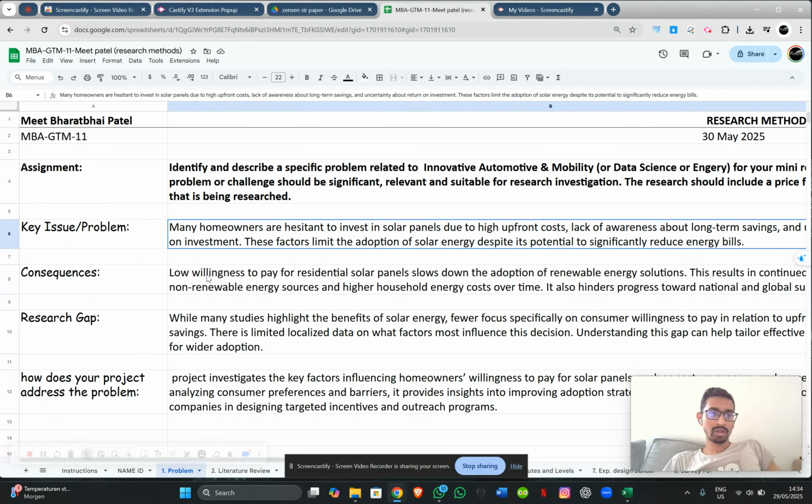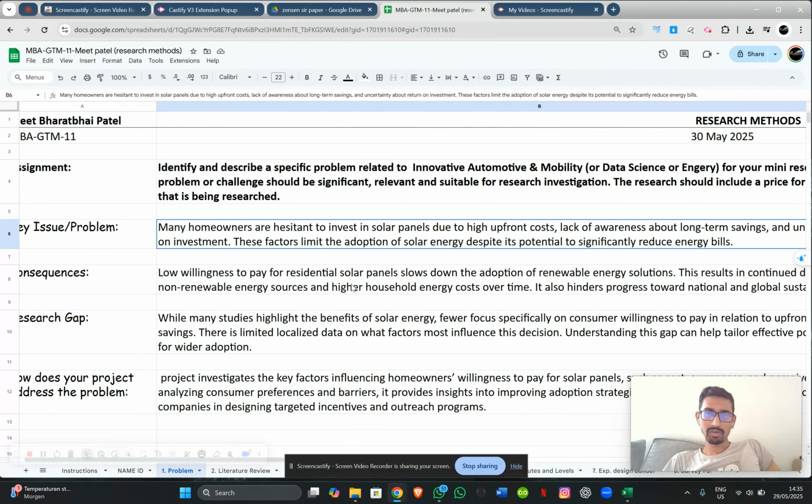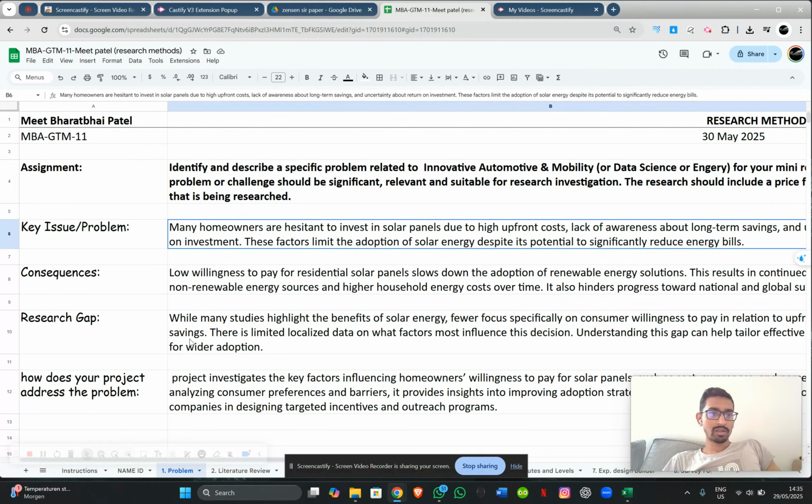The consequences of this are low willingness to pay for residential solar panels and slower adoption of residential energy solutions, which can result in continued use of non-renewable energy sources and high household energy costs over time. There is also a research gap beyond this problem.